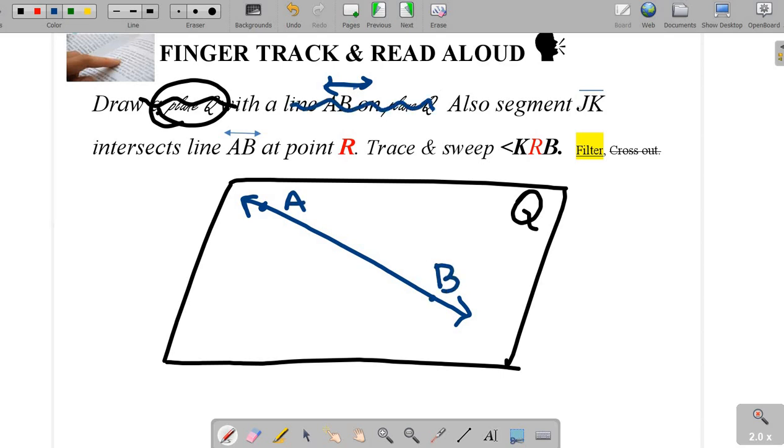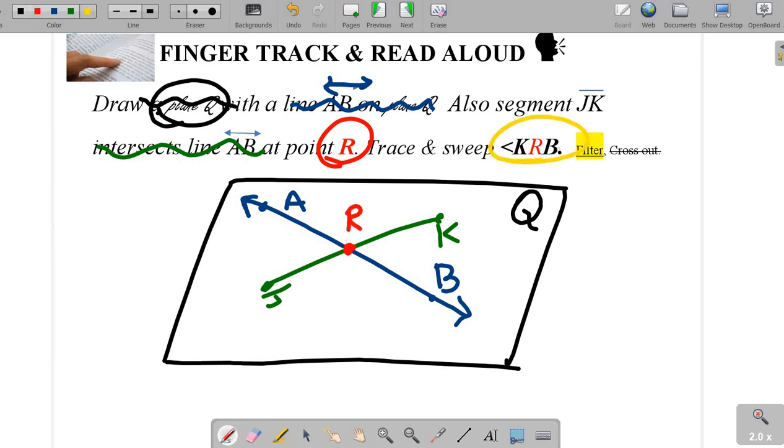Draw a segment JK. It's a segment, JK, intersecting AB. So JK intersecting AB at a point R. And we're going to trace and sweep KRB.